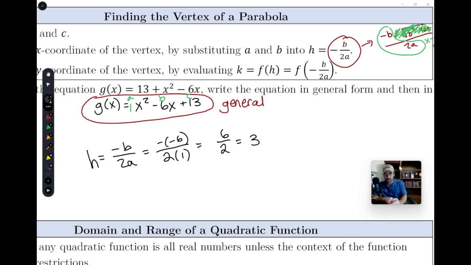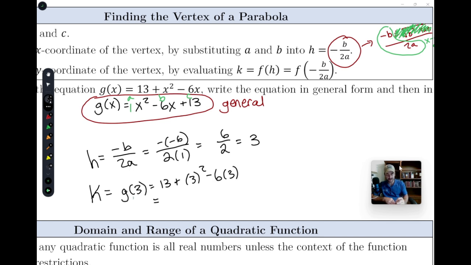How do we find the y coordinate of the vertex, or the k? Well, if you have any x value and you want to input it to a function, you can get the output by plugging and chugging, right? So we're going to go f of 3. Oh, it's g. g of 3 is equal to 13 plus, using that original equation, 3 squared minus 6 times 3.